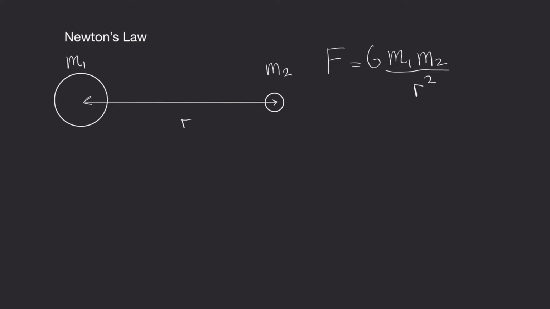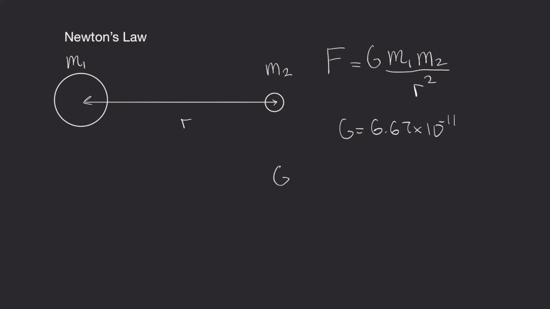Okay. The value of G is 6.67 multiplied by 10 to the power of negative 11. Well, what are the units of G? Shall we just work it out rather than write them in?